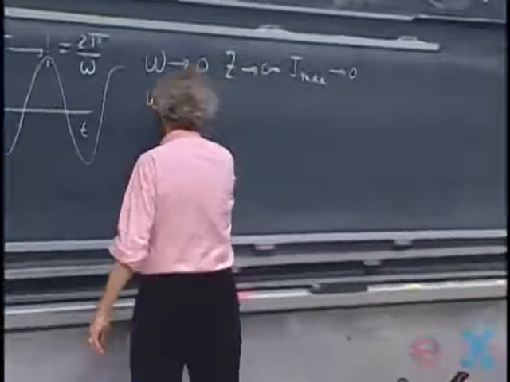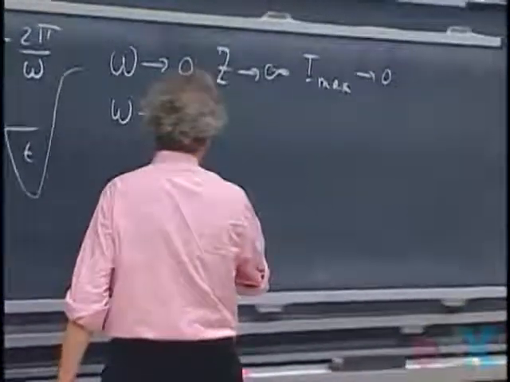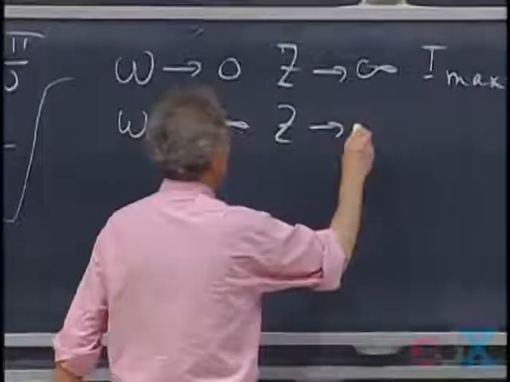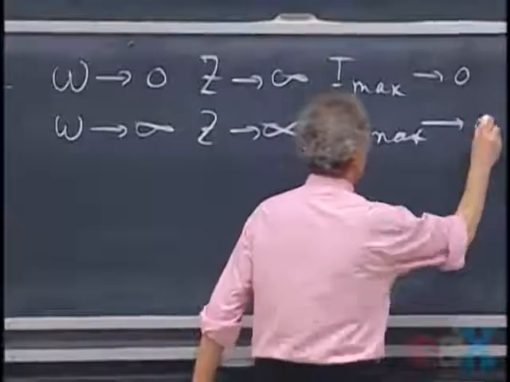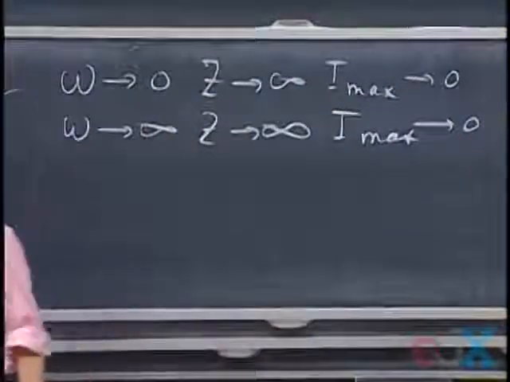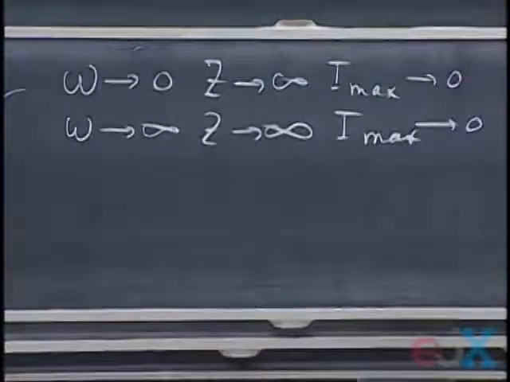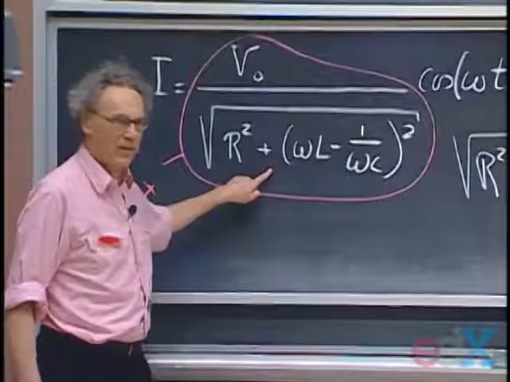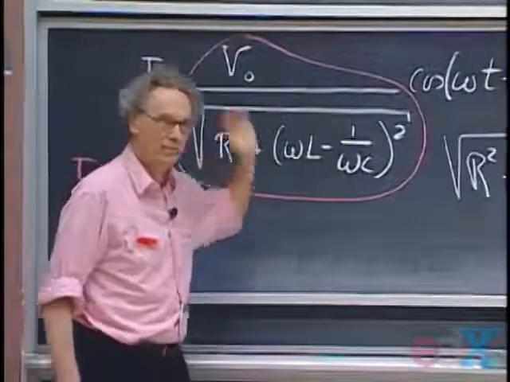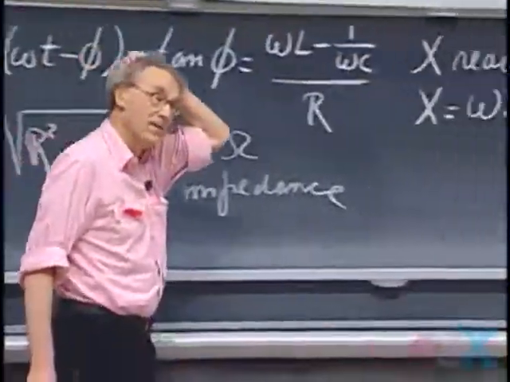When omega becomes very high, let's call it infinity, then Z again goes to infinity. So again, the maximum current goes to 0. And the person responsible for that is the self-inductor. Because when omega goes to infinity, again Z goes to infinity. So again you get 0 here. And that's also intuitively pleasing.